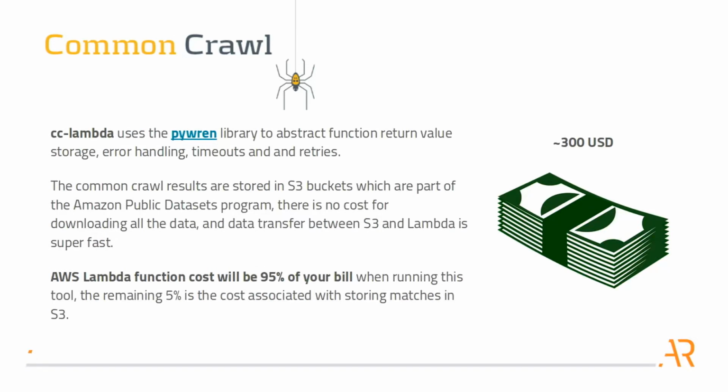I invested around 300 USD to run CC Lambda on Common Crawl. Maybe if I use a little bit of performance enhancements, I would be able to cut that in half, but it would still be expensive. So if you use it, don't blame me. I told you it's expensive.